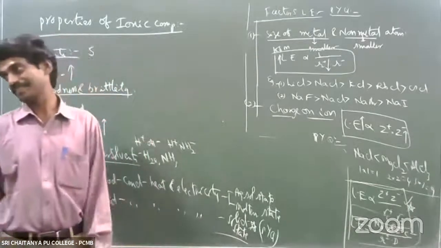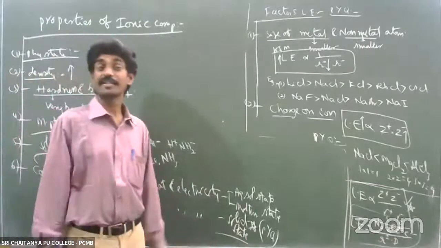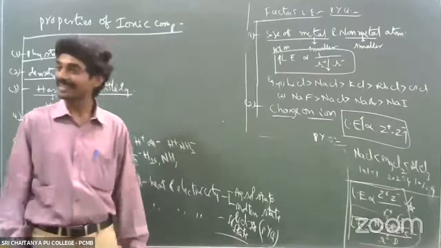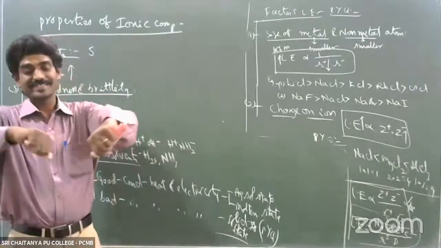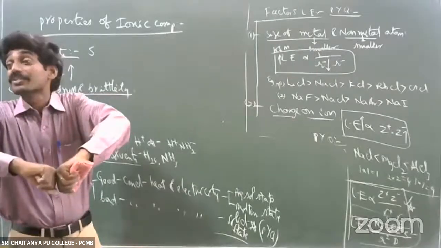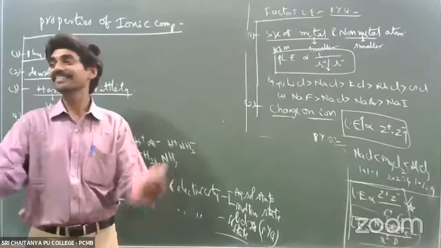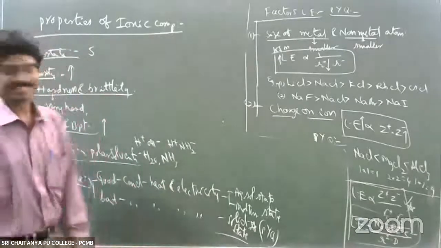Mobility of ions is responsible for electric current. But in solid state they are bad conductors, because the ions are in a fixed, rigid position. They are not movable, so they won't carry electric current.